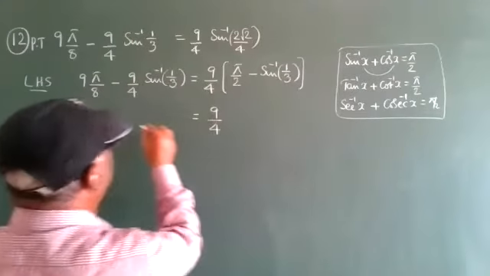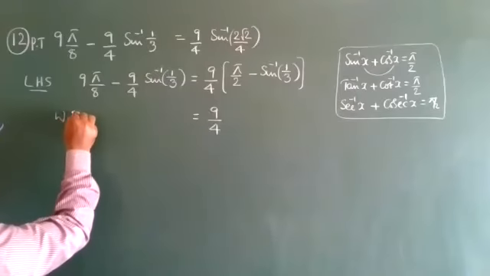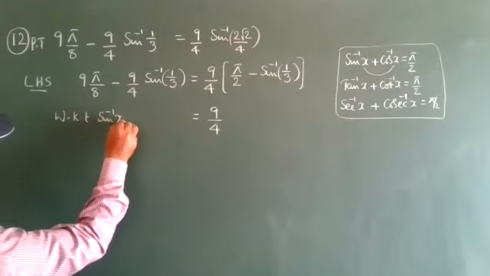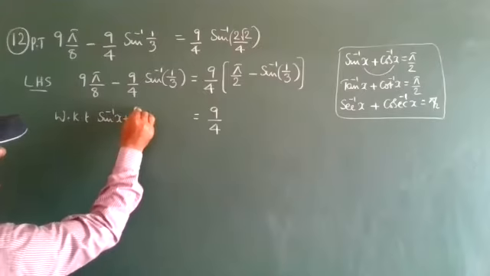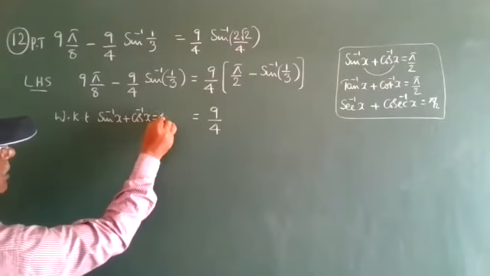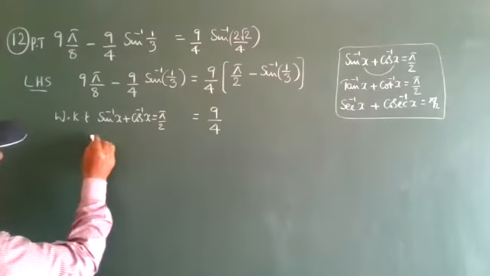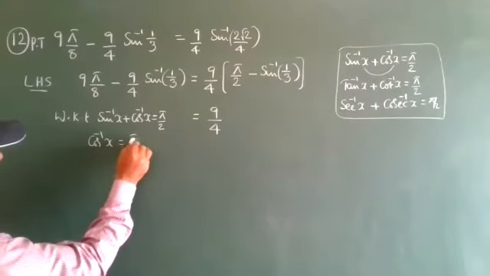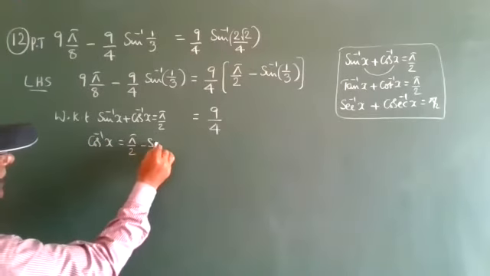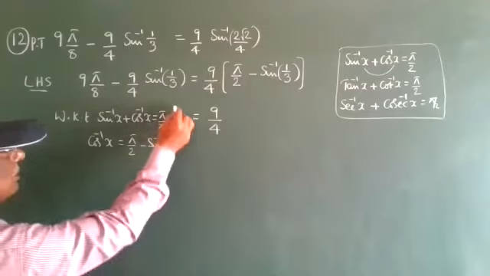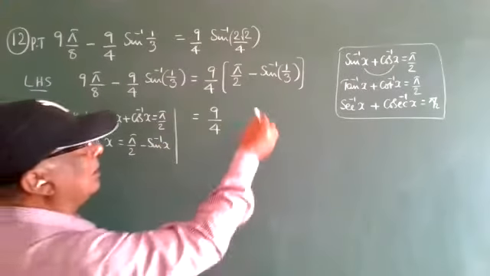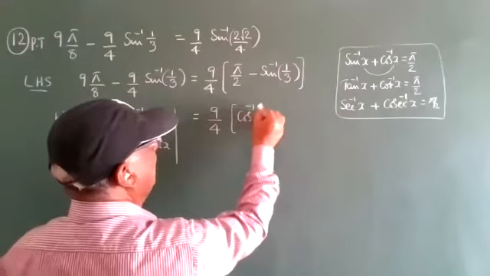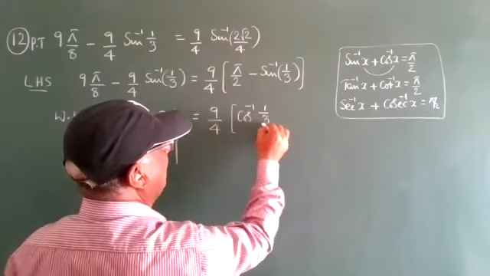Write down here: we know that sine inverse x plus cos inverse x is equal to pi by 2, so cos inverse x is equal to pi by 2 minus sine inverse x. Here, cos inverse of x, x is 1 by 3.